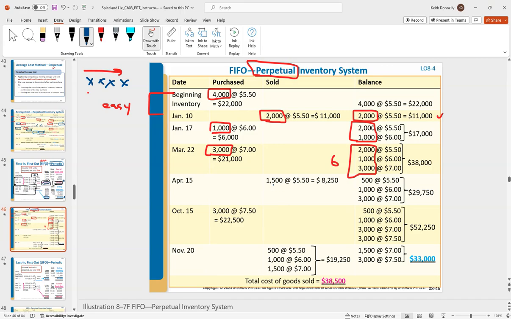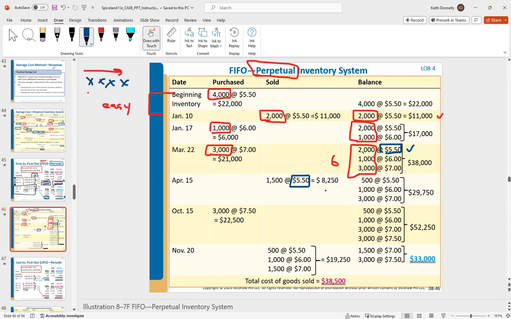We sell 1,500, right? The idea with this is we have to start with the oldest stuff first. These sort of things from up here, so we're checking off from up here first. If there's 2,000 and we sell 1,500, we're drawing from the 550 pile. That'll give us our cost of goods sold.